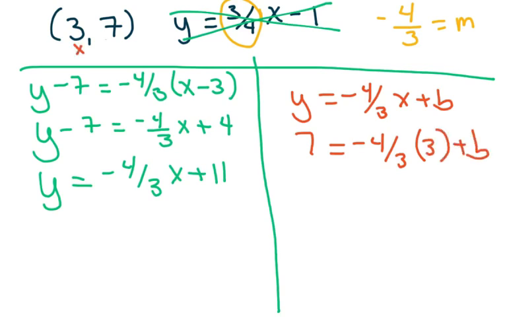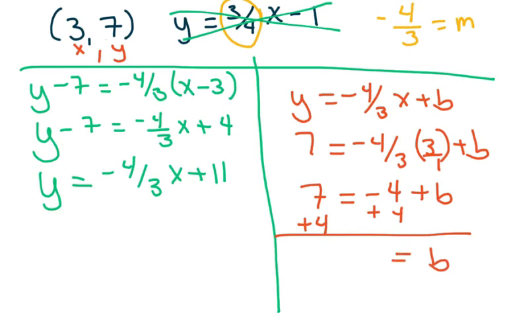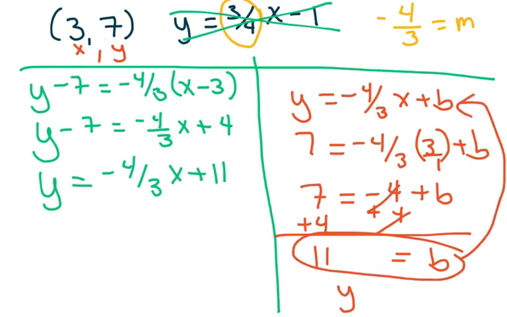Just be careful to keep this straight because y goes first here. So you have 7 equals -4 plus b. Add the 4 to both sides, and you're going to get b equals 11 because that will cancel. Then you just plug this back in up here: y equals negative 4/3 x plus 11. And it does match. These two match.